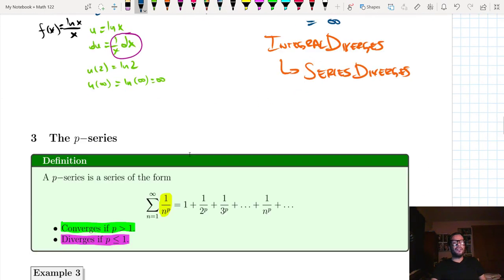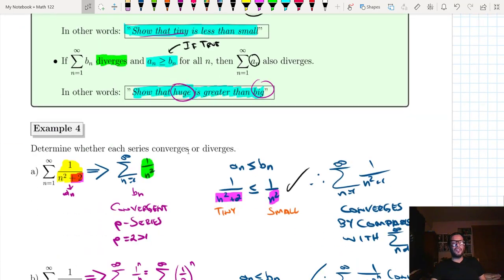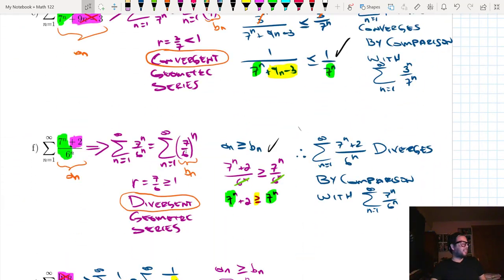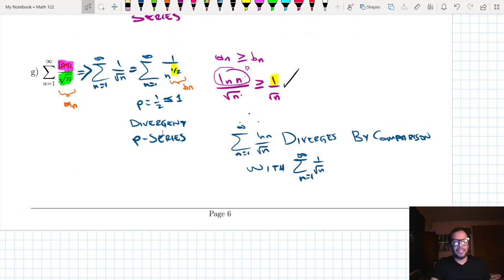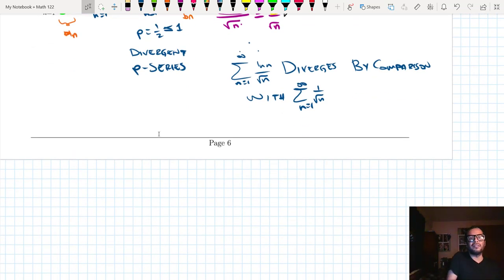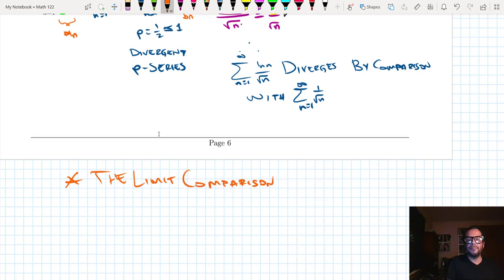Is that it about the different tests for convergence and divergence? Well, the scope of this course is up to this test only. However, there are more tests. There is a test called the limit comparison test, which is very similar to the comparison test that we just did. We come up with a test series, but then we take a limit. We are not going to do that for this course.